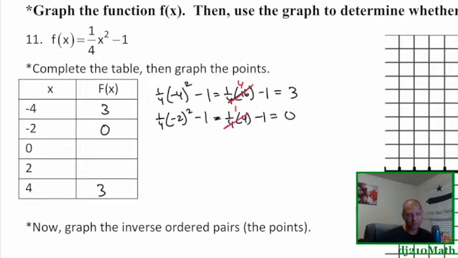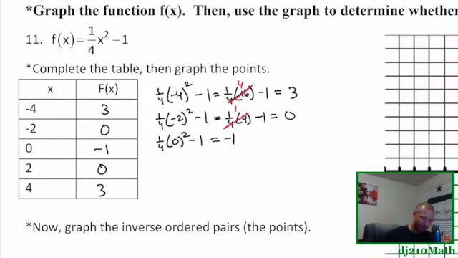For the same reason, when I plug in positive 2, I'm also going to get 0. When I plug in 0, this is nice because 0 squared is 0, and 0 times anything is 0. So 0 minus 1 is negative 1.